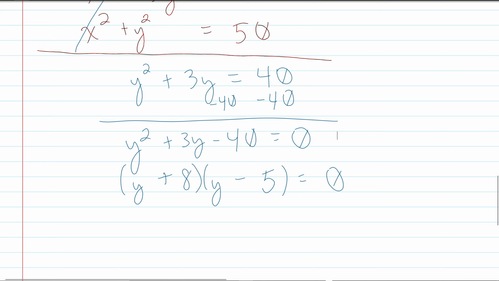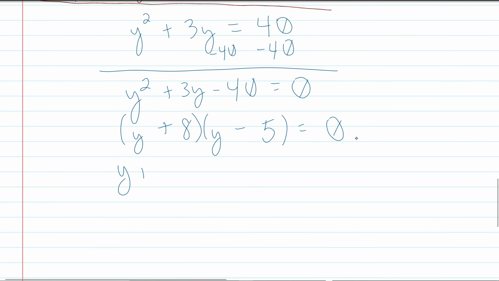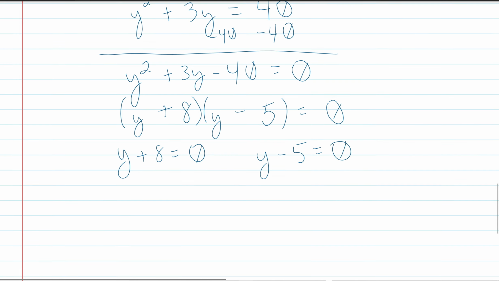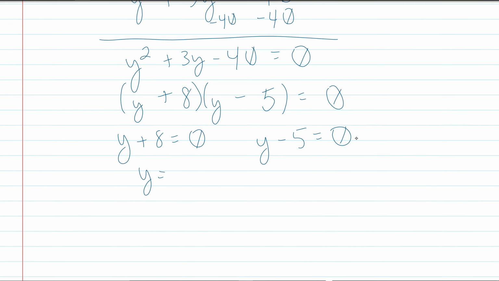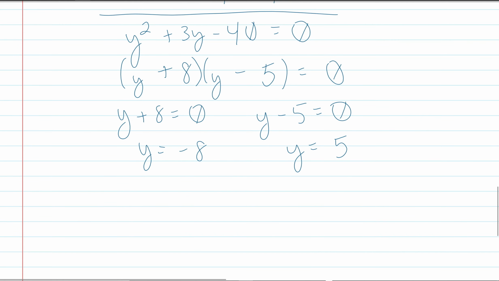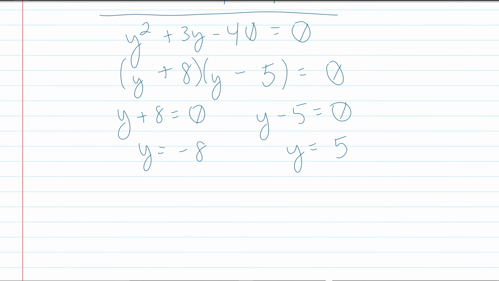The next step is to use the zero factor property. y plus 8 equals 0 and y minus 5 equals 0. Solving the resulting equations, we get y is equal to -8 and y is equal to +5. Alright, so now we just go ahead and do some back substitution and substitute the -8 and also the 5 into any one of the two original equations.